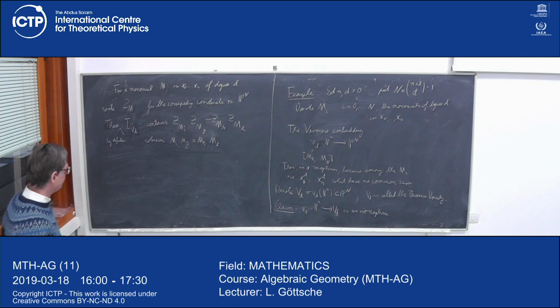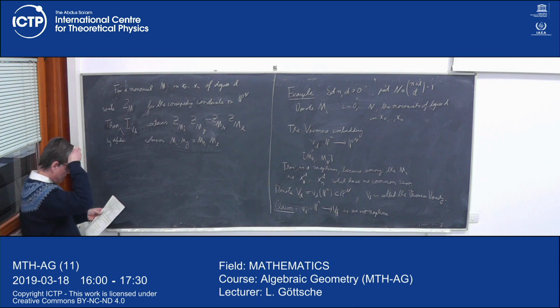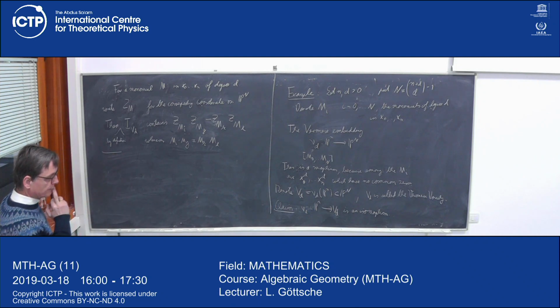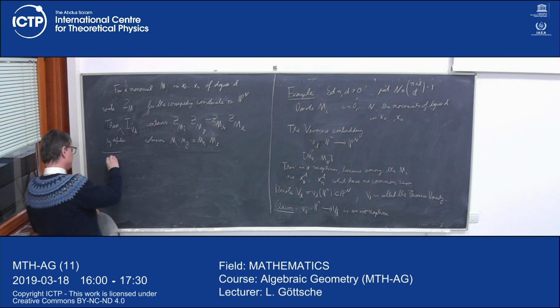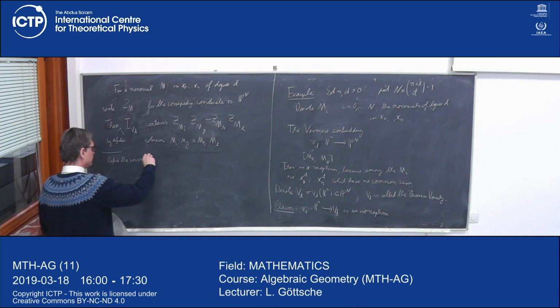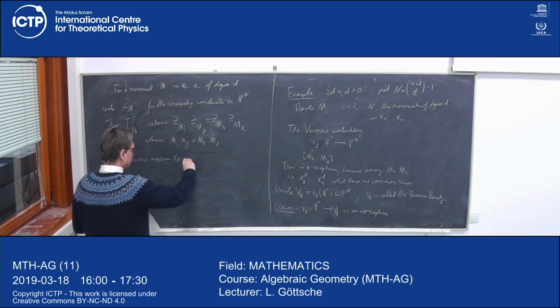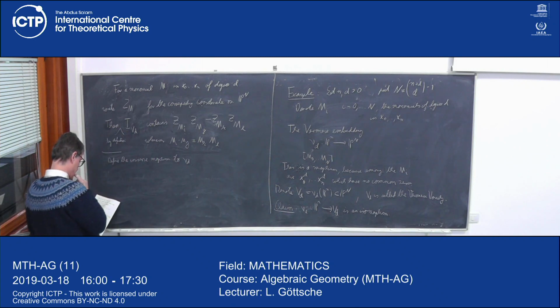And, okay, once we do this, we can define the inverse morphism to VD. Maybe I call it mu D, from VD to Pn, and I can write it in several ways.